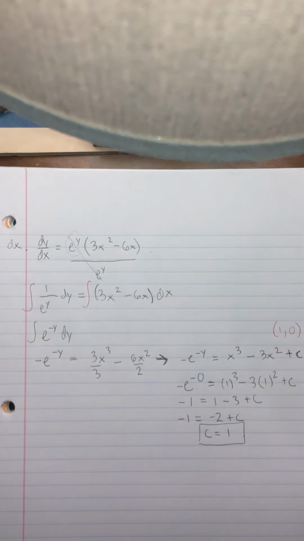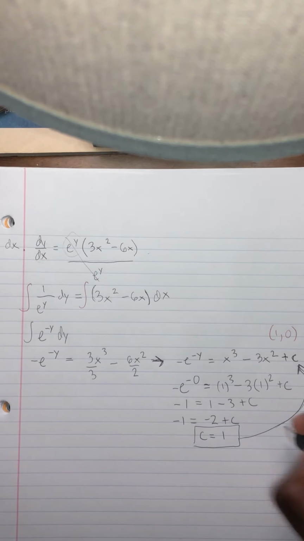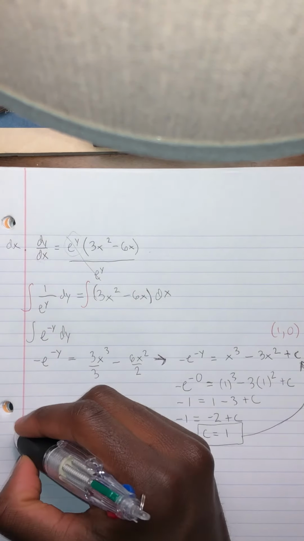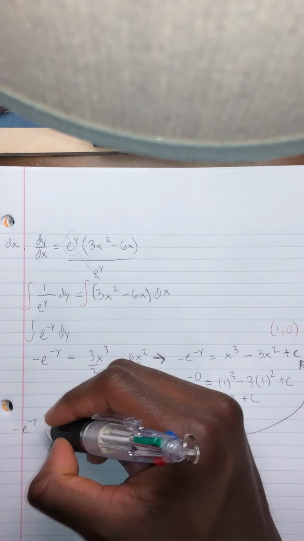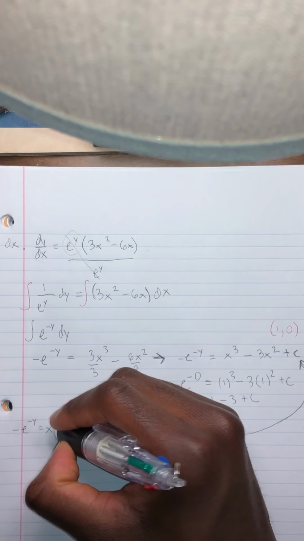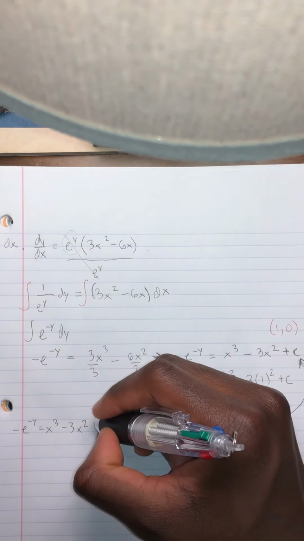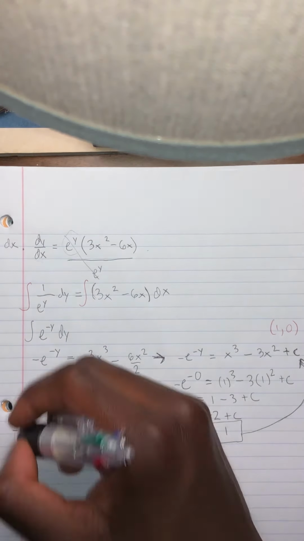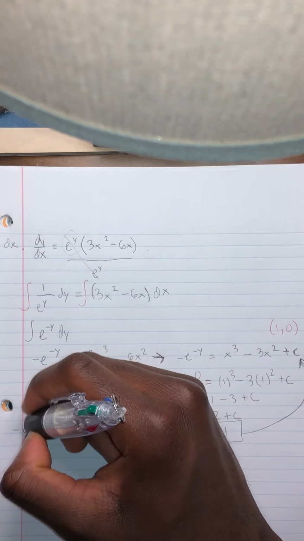So now that we found c, we can plug it back into this equation. All right, so that simplifies to negative e to the negative y equals x cubed minus 3x squared, and c is 1, so plus 1. Now we have to get this y by itself.